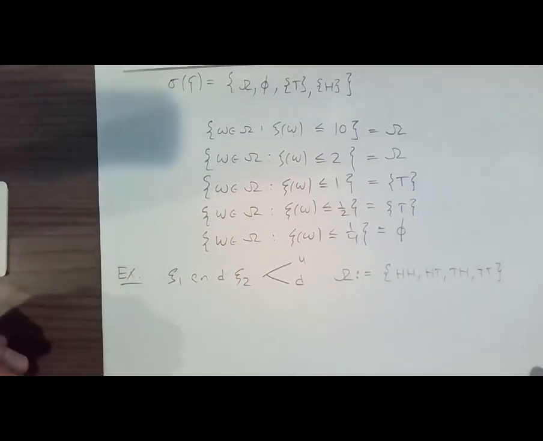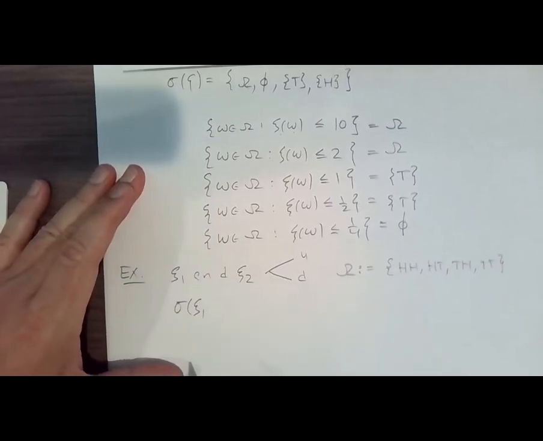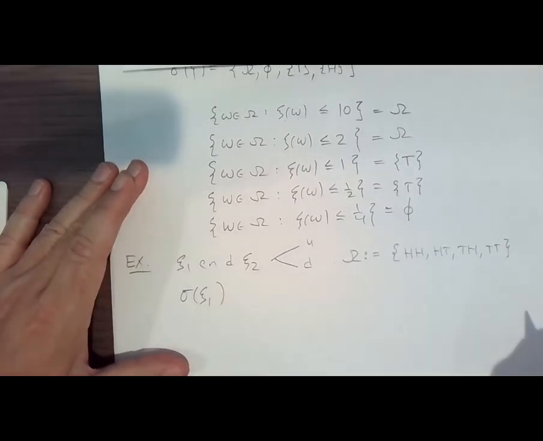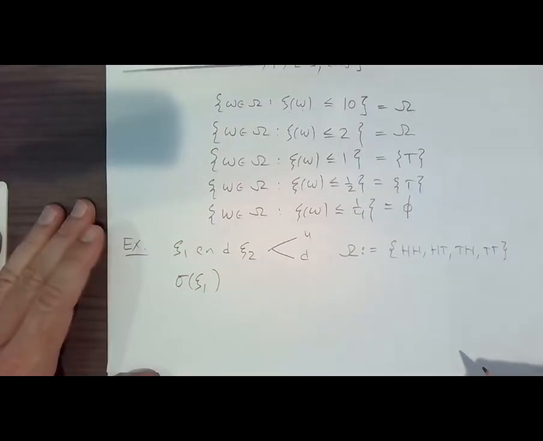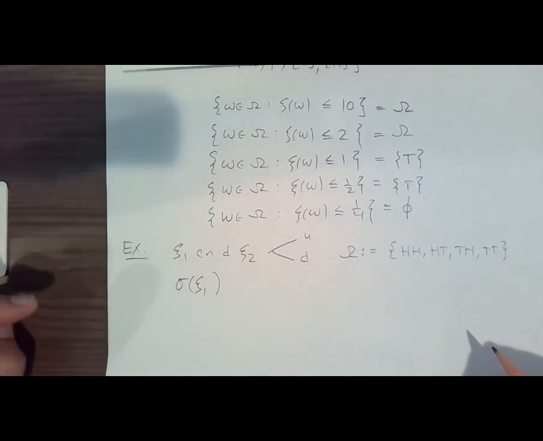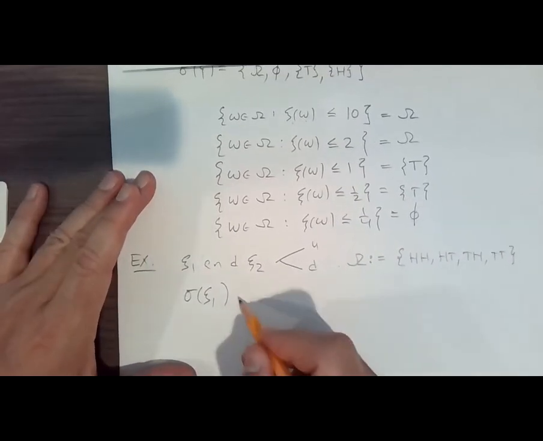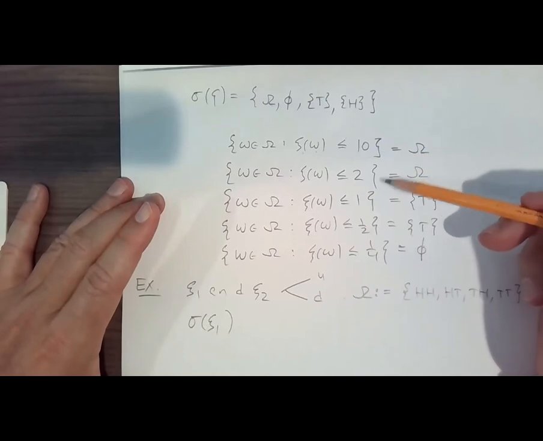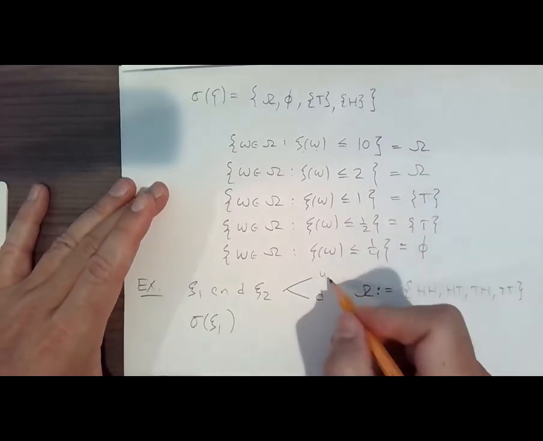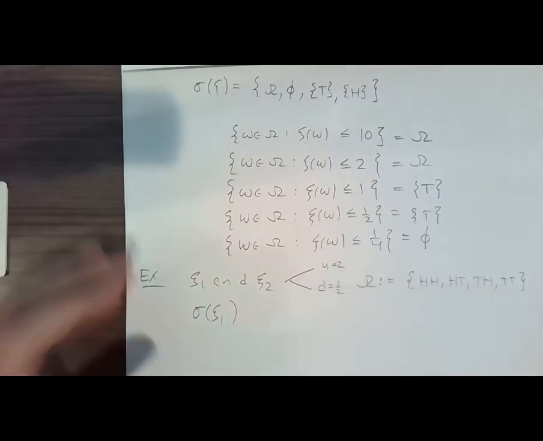And then I can look at the same question. I'm interested in what is the smallest sigma algebra that makes psi 1 measurable. And we can write that out again. So I need to go through all these sets here. Let's just keep U and D to be 2 and a half. What would we get this time?